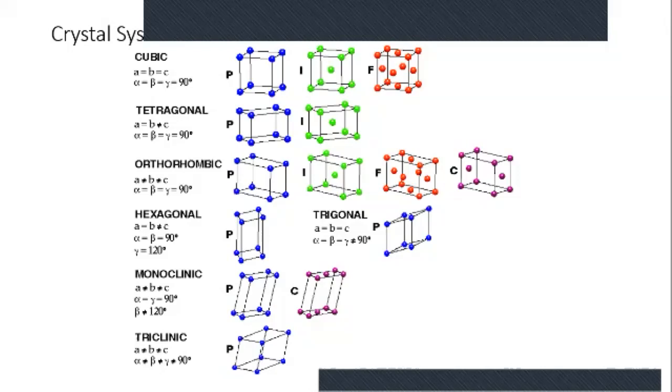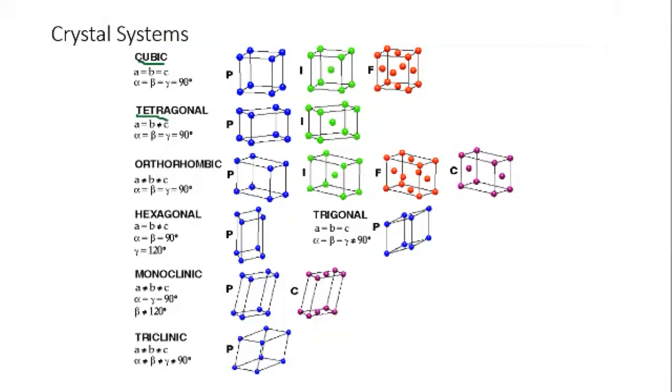And so the cubic, tetragonal, orthorhombic, hexagonal, monoclinic, triclinic, and trigonal are the 7 crystal systems.